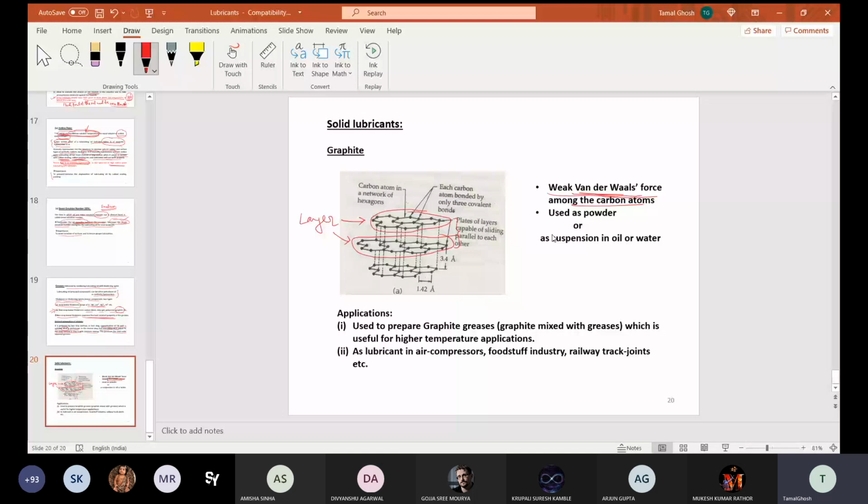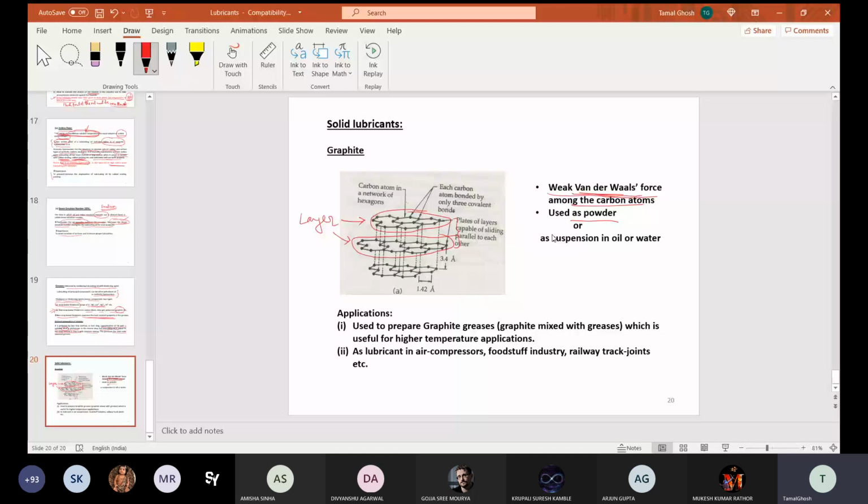Hydrogen bonding is relatively weaker, and van der Waals force is even weaker than hydrogen bonding. So a weak force is working between the two layers, and that's why one layer can easily slip on the other layer. Graphite can be used as powder, or as a suspension in oil or suspension in water.